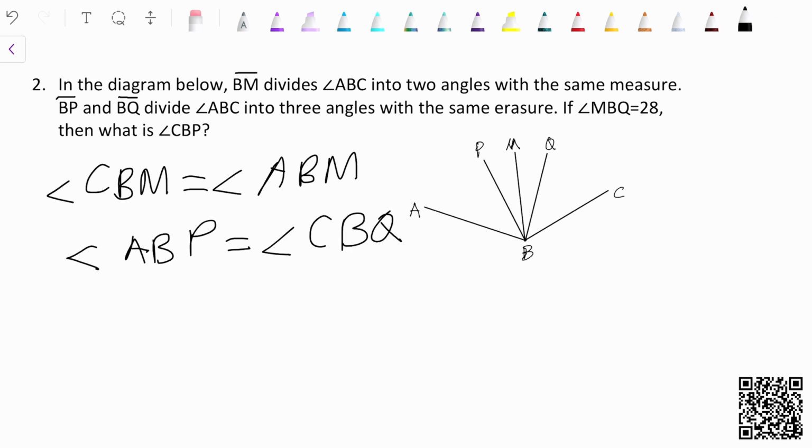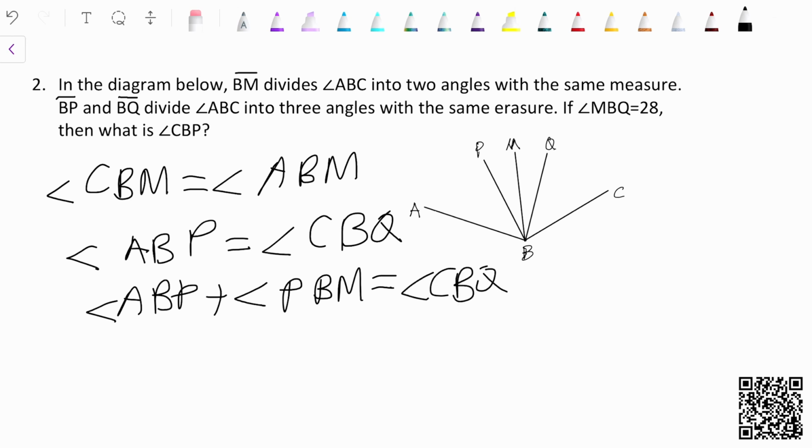And since it has also been divided into these 2 parts, and this and this both have one of these, this means that angle ABP plus angle PBM, since it's split into 2 equivalent angles, equals CBQ plus angle QBM.